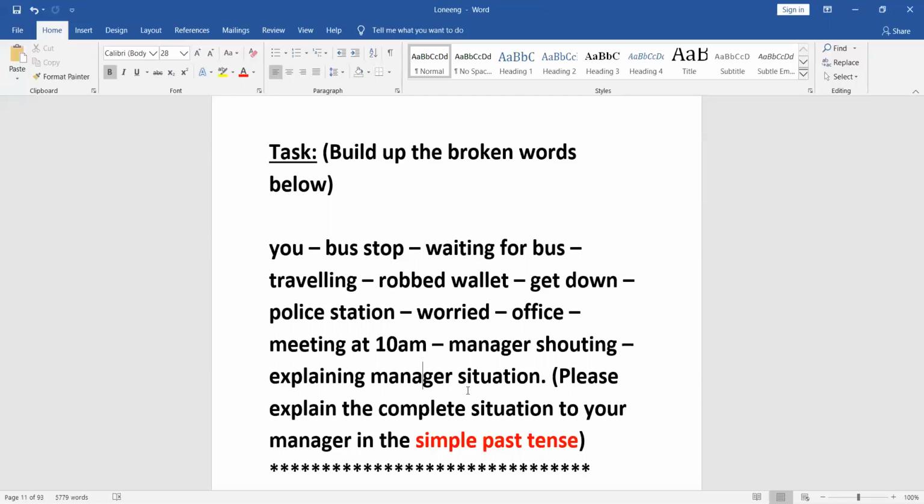So while explaining the situation to my manager, I felt so tired and exhausted after doing that. So I'm just giving you an example of how I can use these words and create a story, imagine. Now that you know how to talk, you need to start talking now.